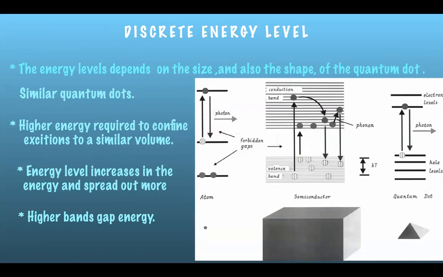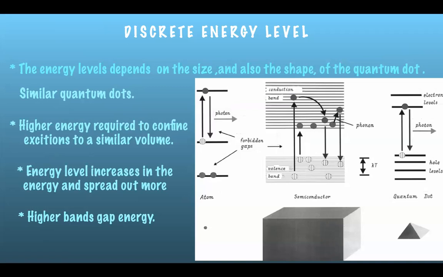Here the energy levels depend on the size and also the shape of the quantum dot. Higher energy is required to confine the excitons in a similar volume. The energy levels increase in their energy and spread out more.